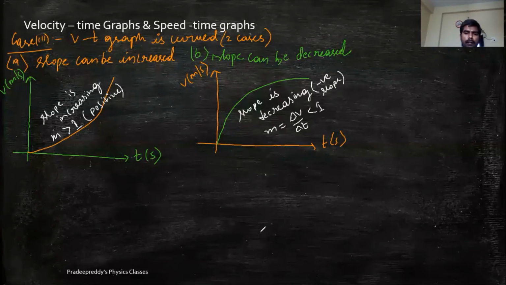Right? Now, what are the informations you are getting from these graphs? We will learn now. First information which you are getting from these graphs is, in both the cases, velocity is changing unequally in equal intervals of time.